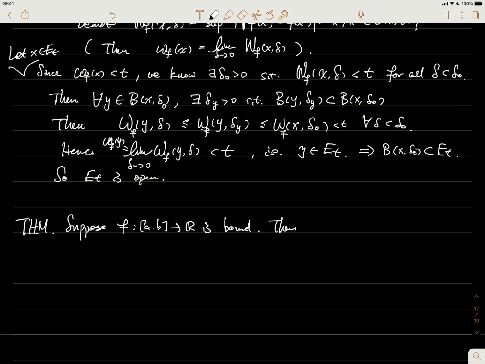Then f is Riemann integrable over the interval [a, b], I use this notation just to note it's Riemann integrable, if and only if we look at the set of points where the function f is not continuous, or is discontinuous.